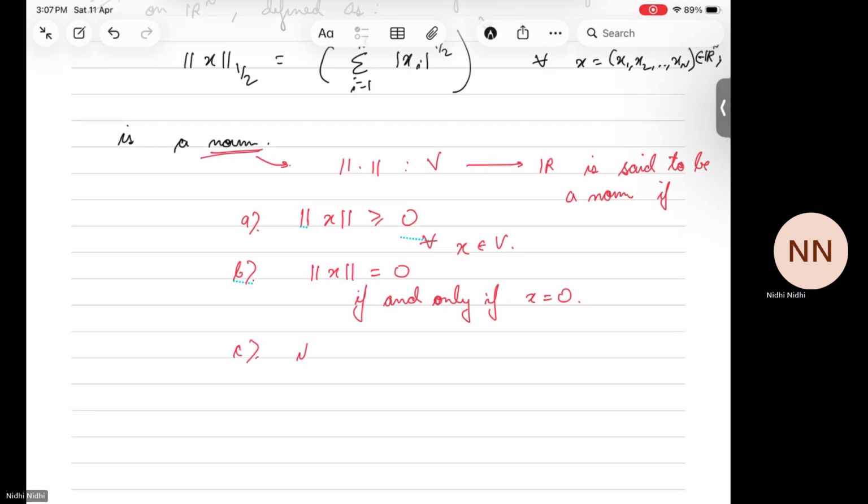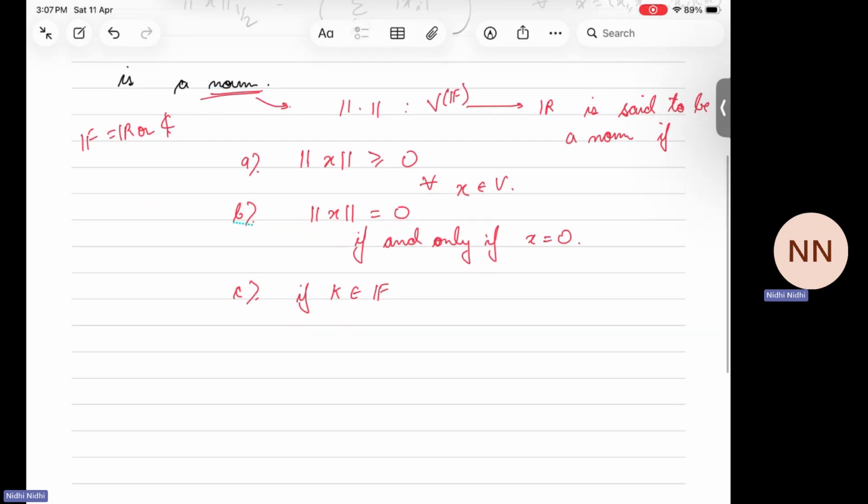Third one, if K is some element in the field, of course, this is a vector space, so it must be defined on some field. And mostly when it comes to normed linear space, we consider the field to be either R or C, the set of complex numbers.